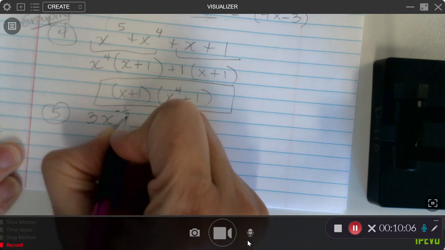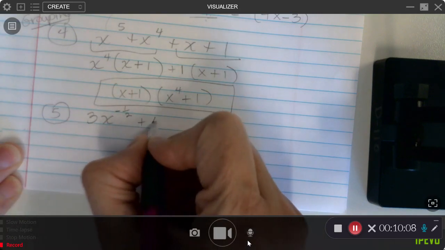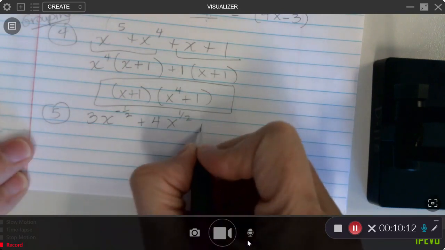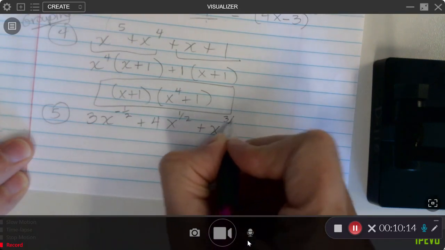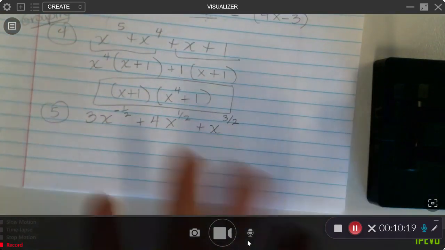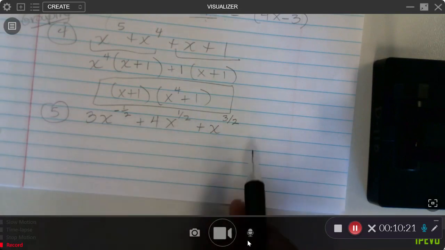We've got fractional exponents. I don't want you to be afraid of them. I do just want you to remember, if I'm factoring out, we have x's in all of them, right?